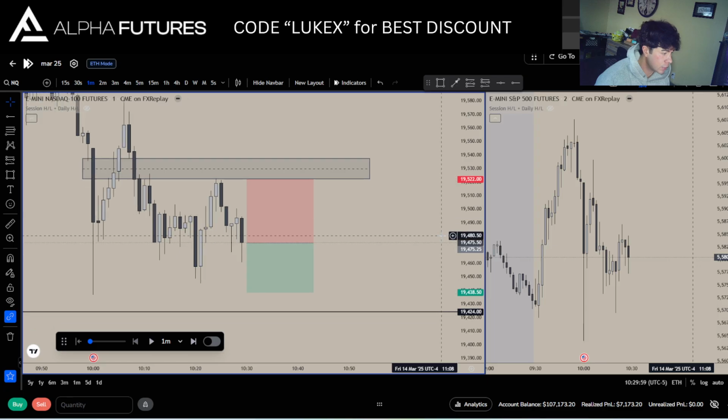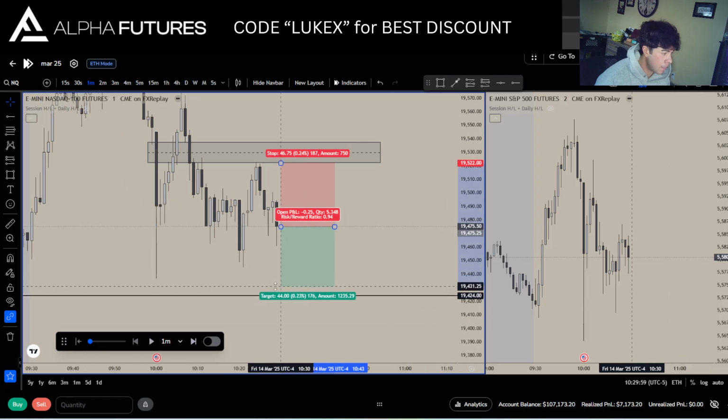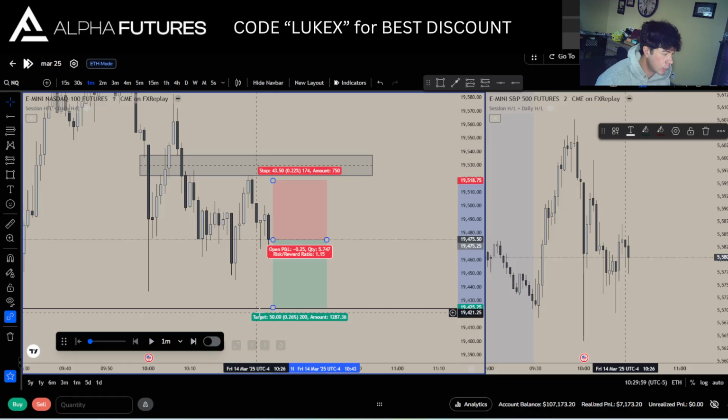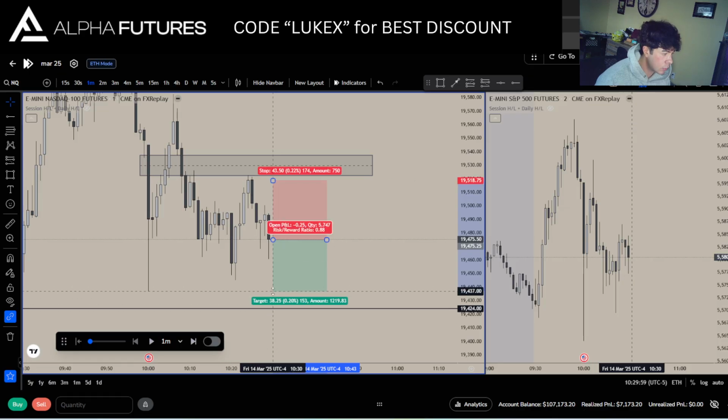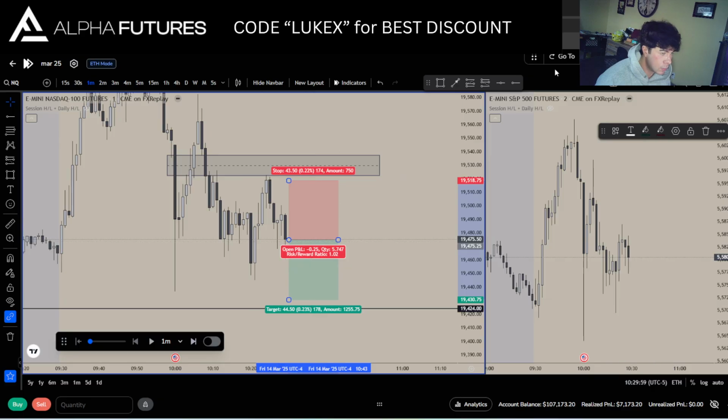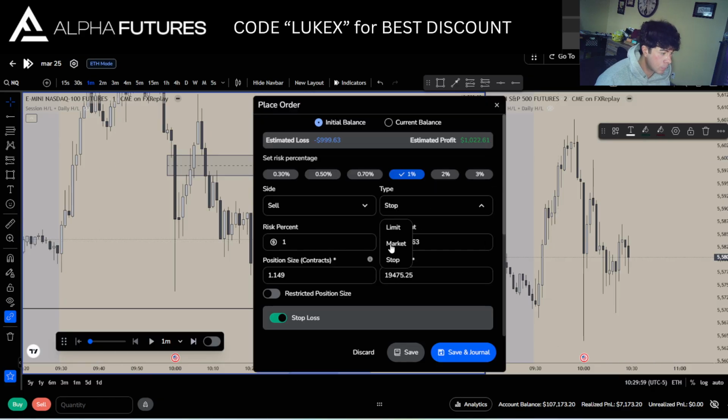We got to retrace. Quick break even. Let me go right here. I'm going to target these lows right past it. Let's try it.